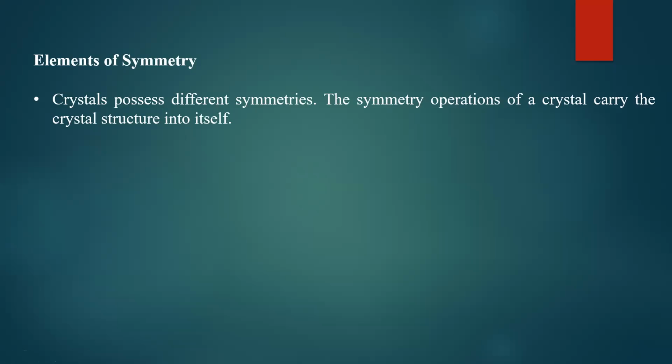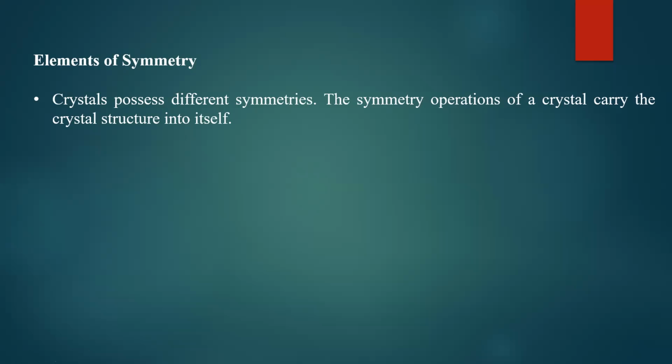Simple example is, if you take a cube, if you keep that on a table, then you rotate that cube by 90 degrees, then the structure or the arrangement of the cube points will not change. That is known as a symmetry operation. The rotation of the cube by 90 degrees is one of the symmetry operations.